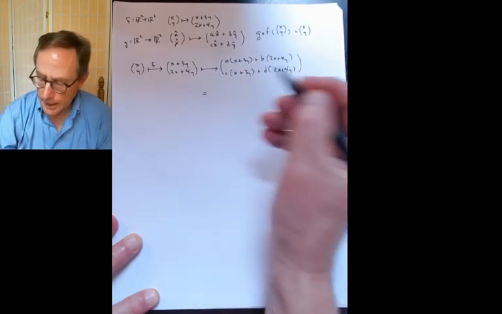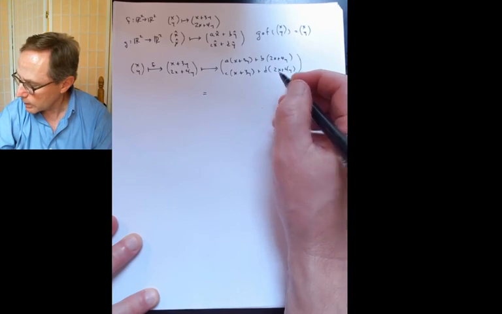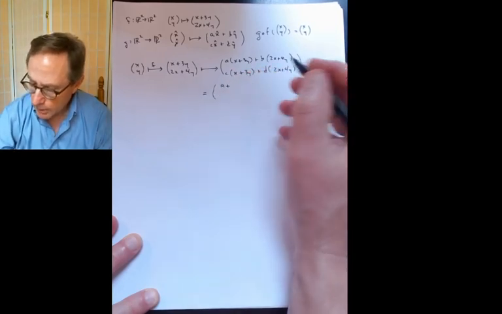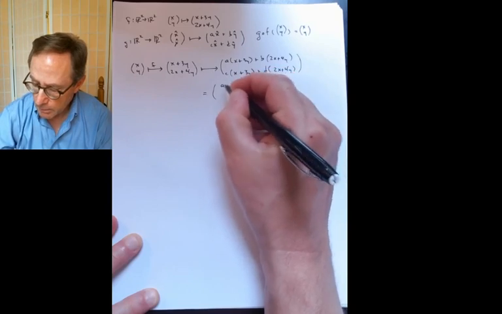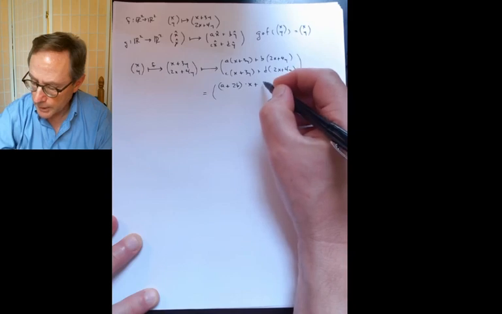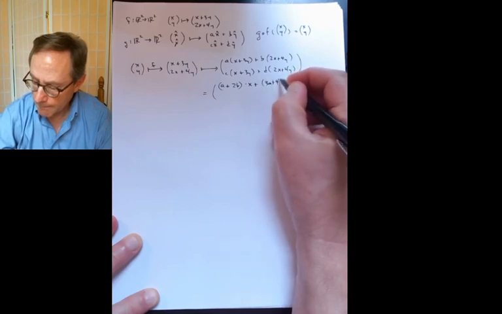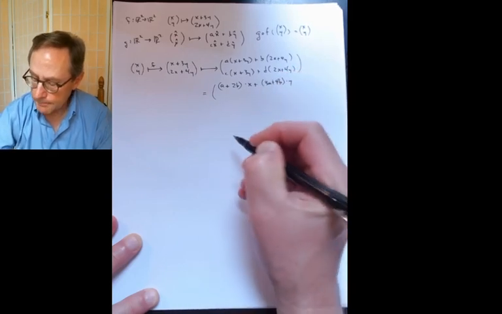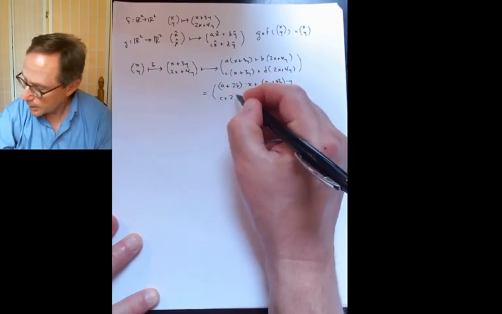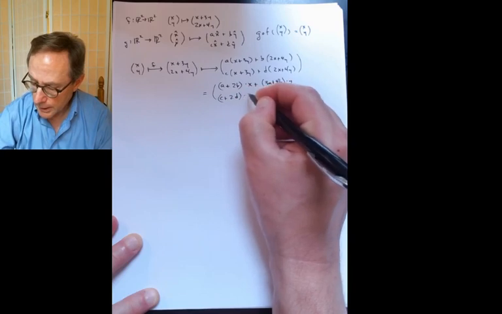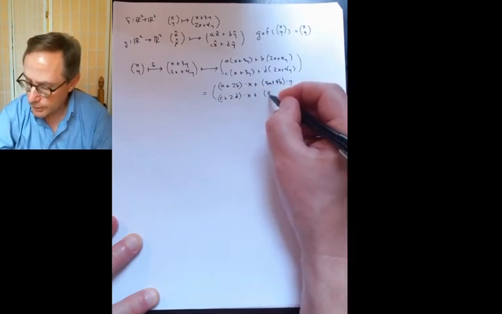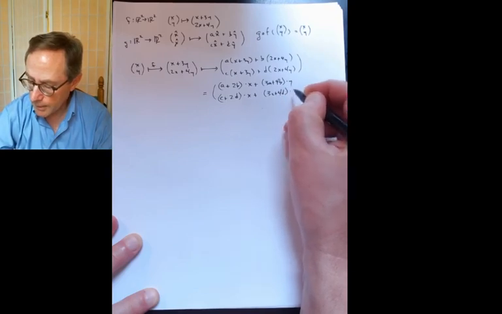And let me gather together the x's and the y's there. What am I looking at here? I'm looking at a plus 2b x and 3a plus 4b y. And on the bottom I've got c plus 2d x and 3c plus 4d y.